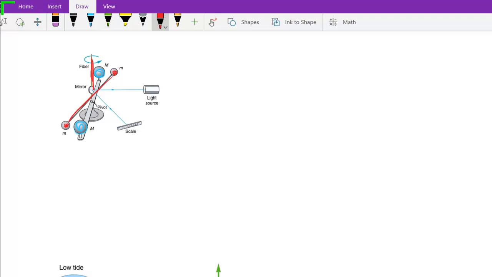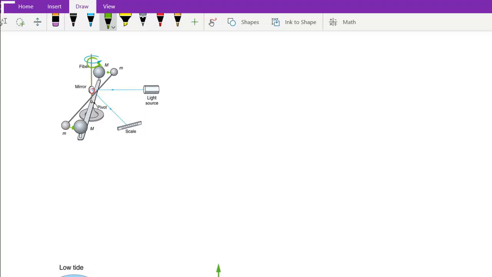So they're on a rod that's connected to another rod here that has a mirror attached to it. And when these masses are placed on here, there's a gravitational attraction force between them. This mass attracts this one this way, this one attracts this one this way, and they cause this rod to rotate around.